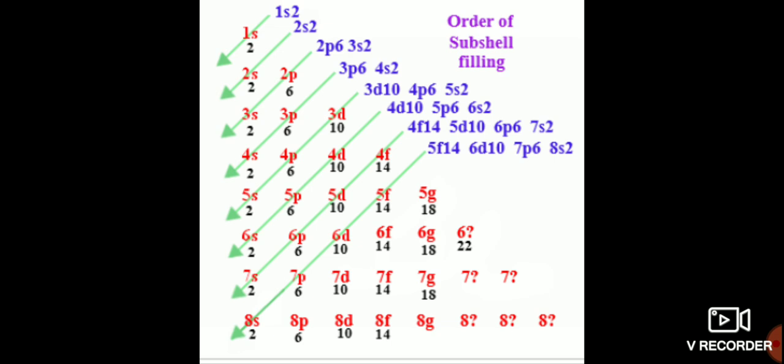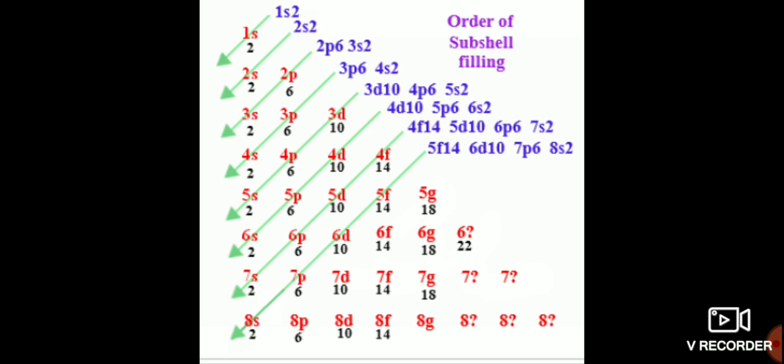In the first shell, K, the only subshell is s, and the 1s subshell holds 2 electrons.